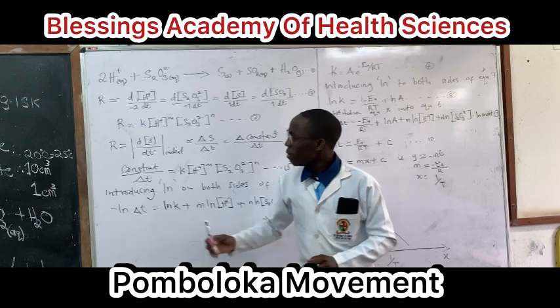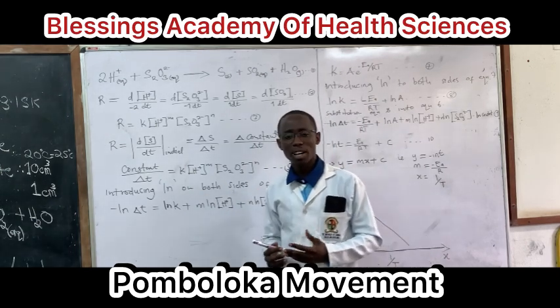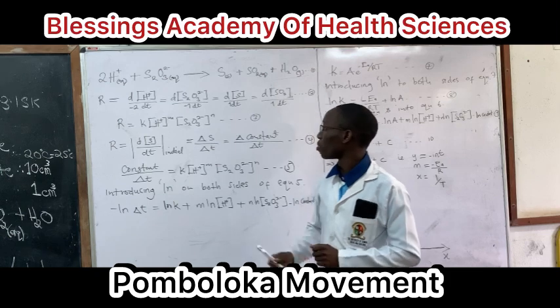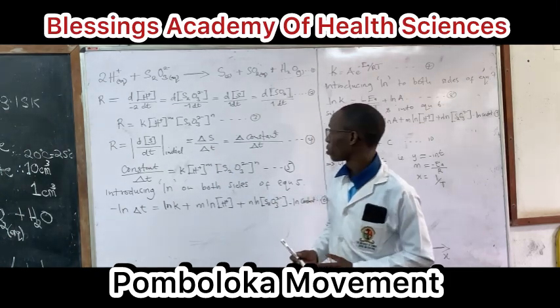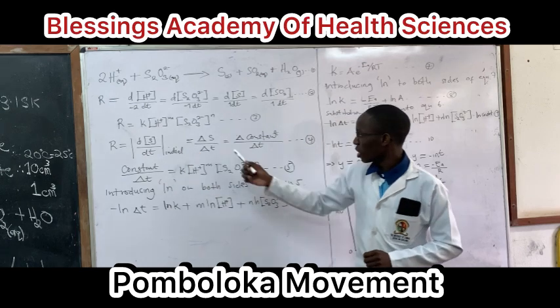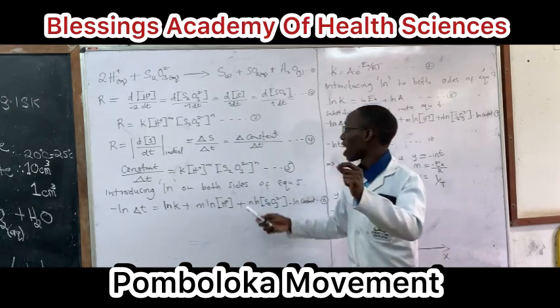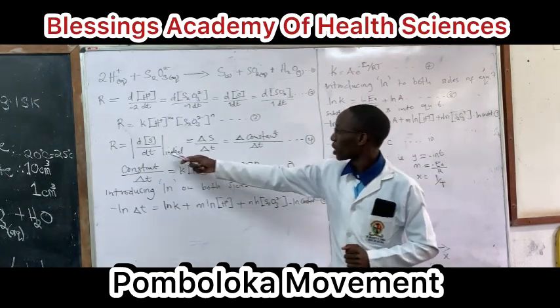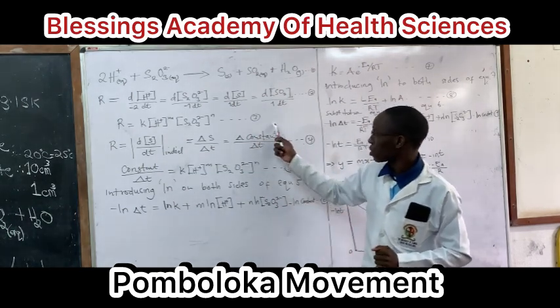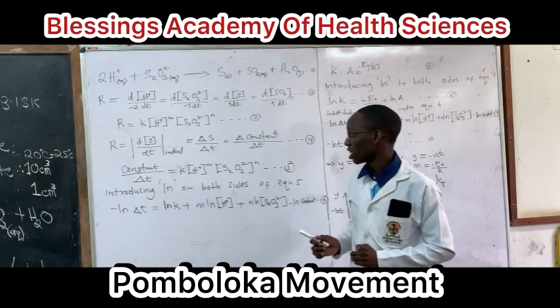So let's say we consider producing the same amount of sulfur at different temperatures. How would that really affect us? So this equation is telling us how that would change if we produce the same amount of sulfur at different temperatures. This is the concentration of sulfur, which is constant, yet the temperature is changing.